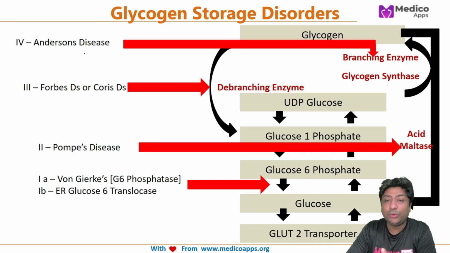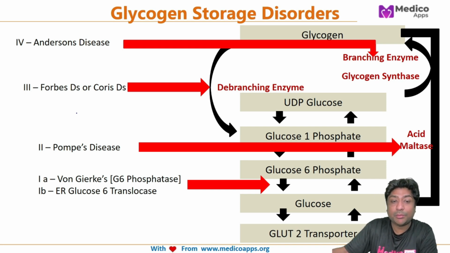These are the only two conditions where abnormal glycogen is stored.